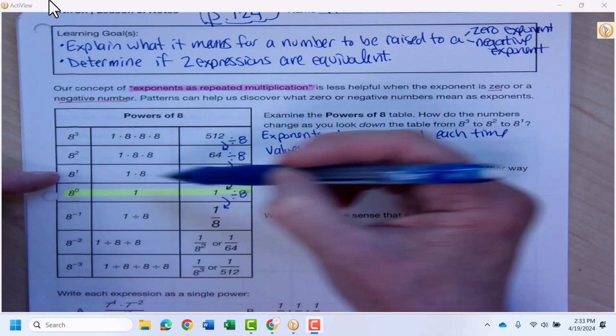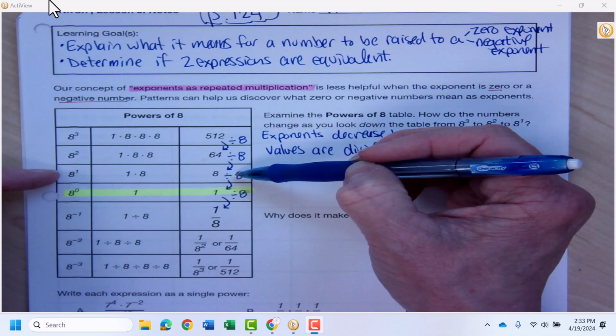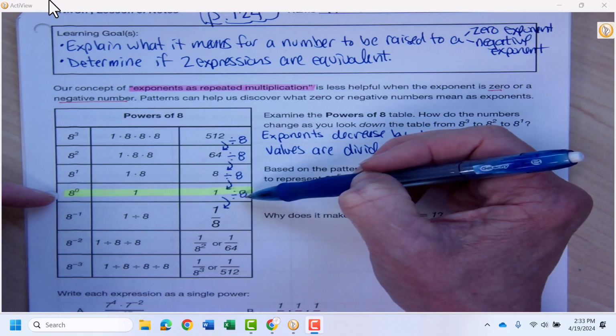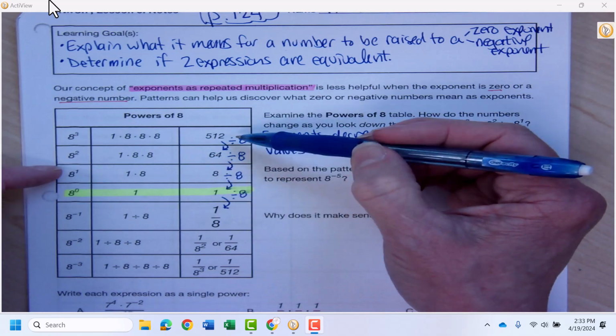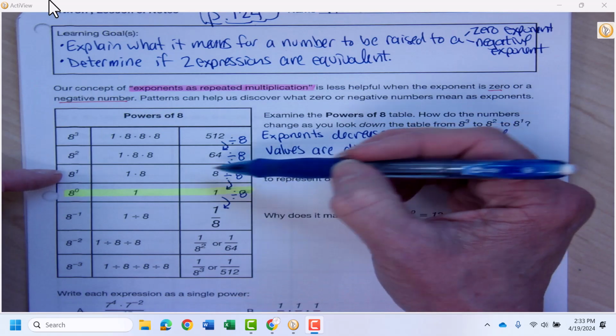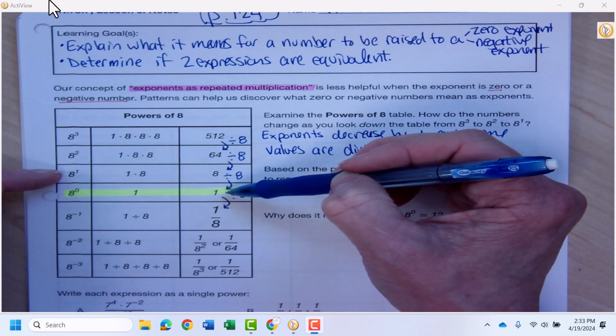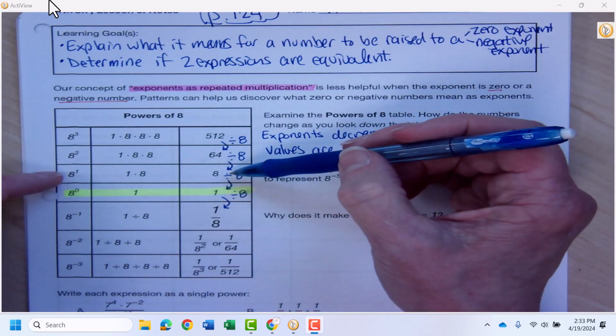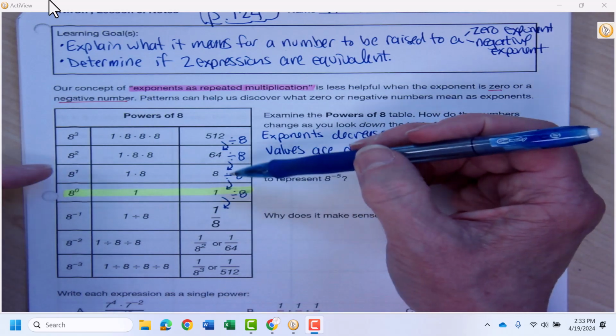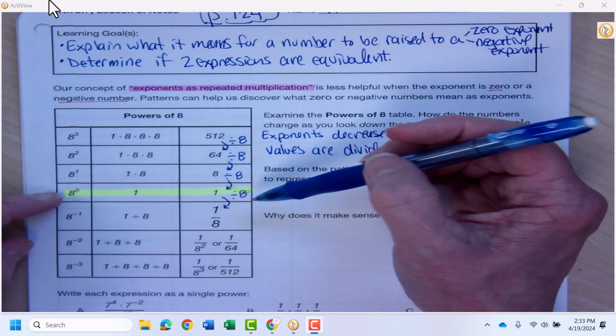Let's look at what happens from 8 to the first power to 8 to the 0th power. If I'm dividing by 8 every time, then I'm going to take 8 to the first power divided by 8, and that gives me 1. And that's going to happen every time as you move from the first power to the 0th power.